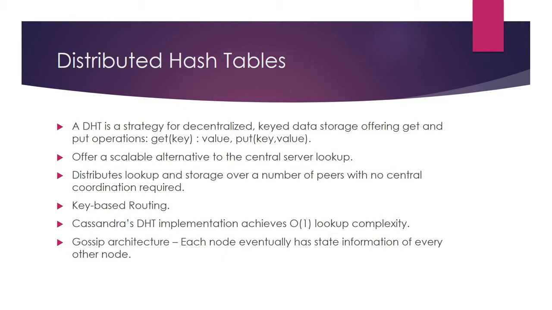Any read or write operation on a distributed hash table must locate the node containing information about that key, and this is done through key-based routing. Each node participating in a DHT contains a range of keys, stored along with information about the range of keys available at zero or more other nodes in the system.